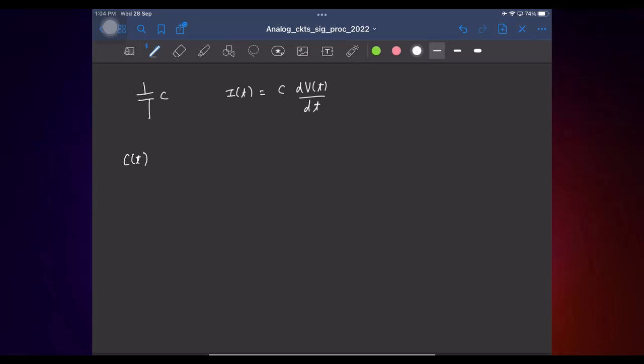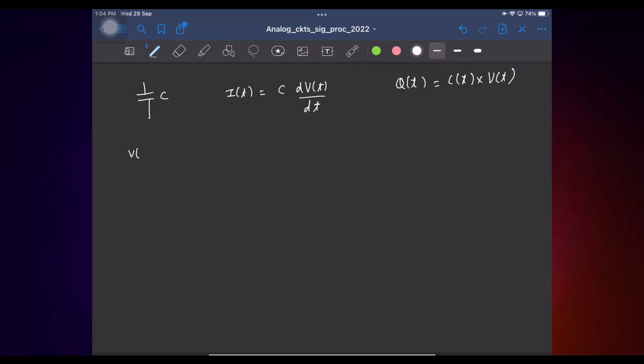C dv by dt plus dC by dt into V. Right? Because the fundamental relation is this, you derive everything from this. Okay. Cool. So in our case, the capacitor is constant, and we'll do the same thing.